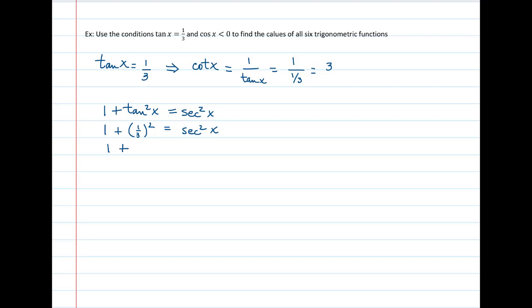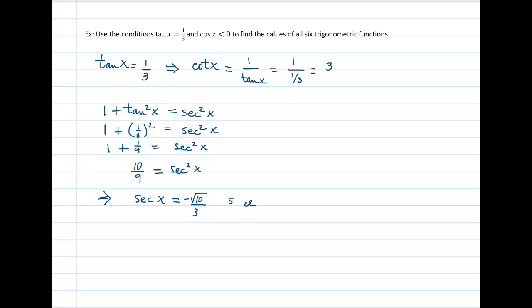Substituting what tangent of x is, 1/3 squared is equal to 1/9. So 1 plus 1/9 is equal to secant squared of x. So then the left side would be equal to 10 over 9, which is equal to secant squared of x. Taking the square root on both sides, we're going to have the secant of x is equal to square root of 10 over 3.